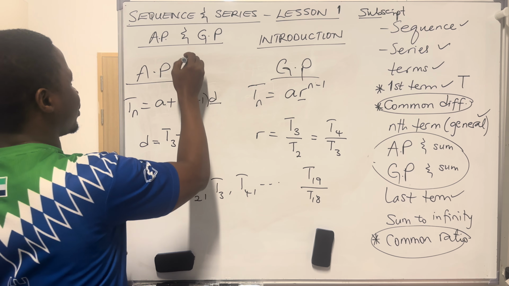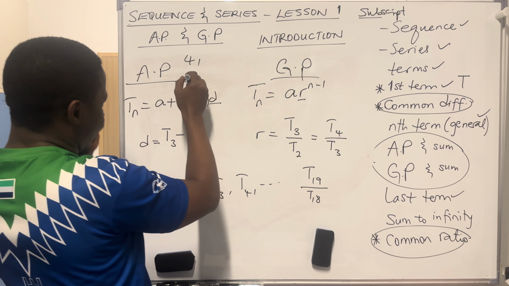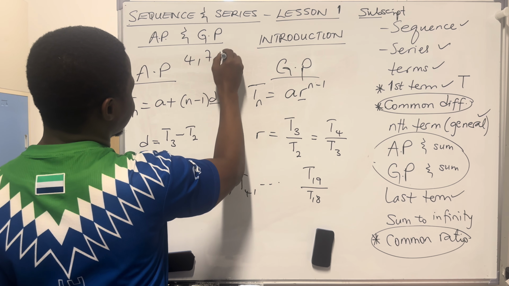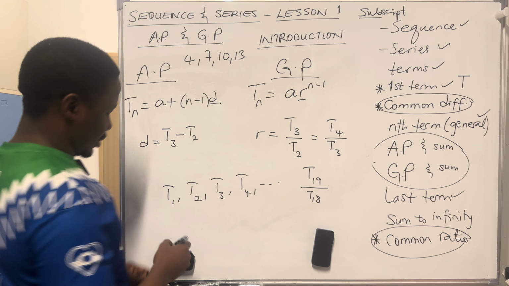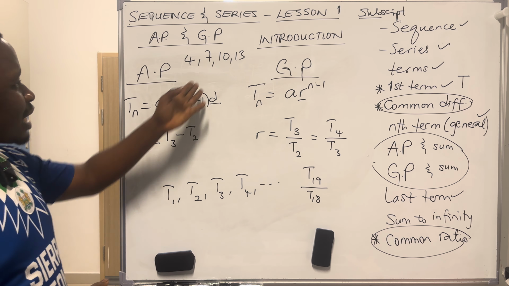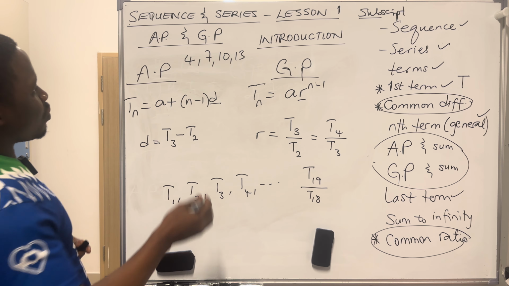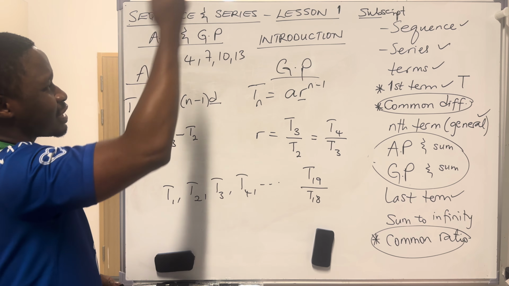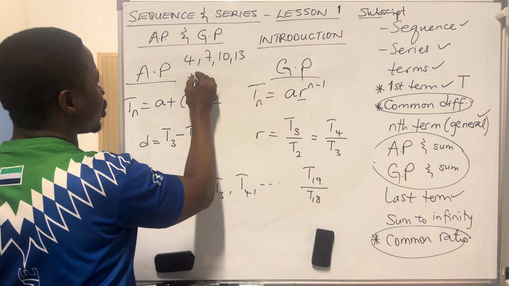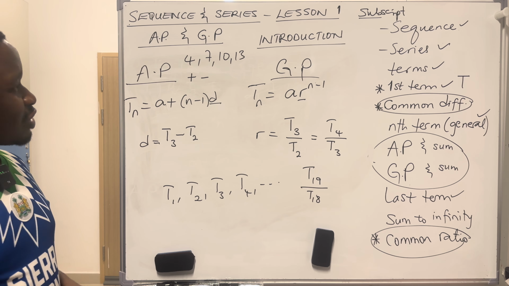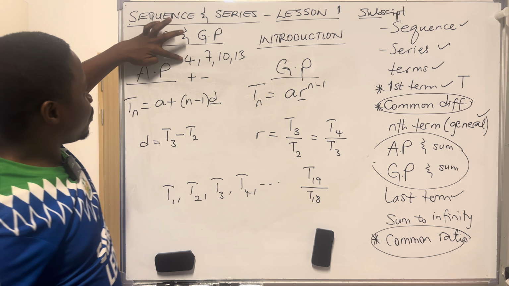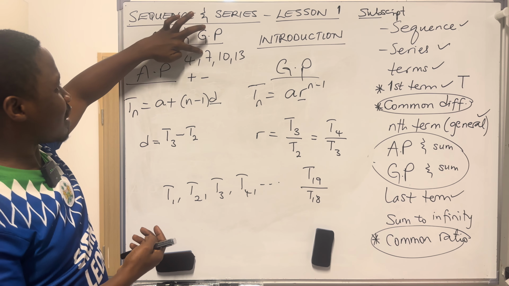Now, let's say we have 4, 7, 10, 13. Ask yourself this question. For you to get the subsequent terms, is it by addition or subtraction? Let us try by subtraction. 4 minus what to give us 7?